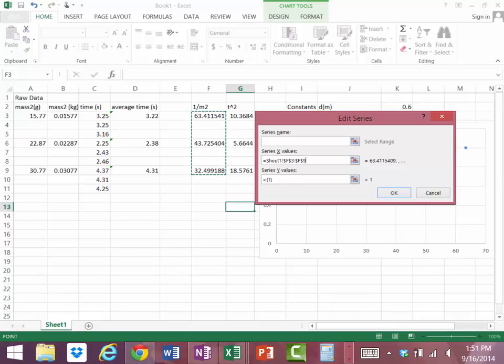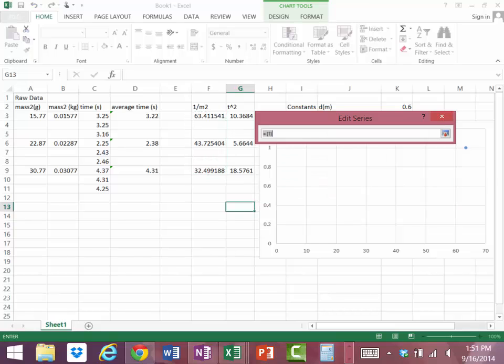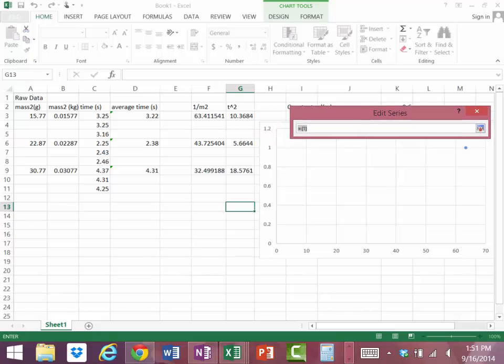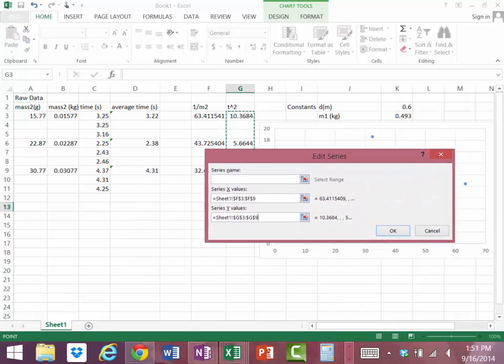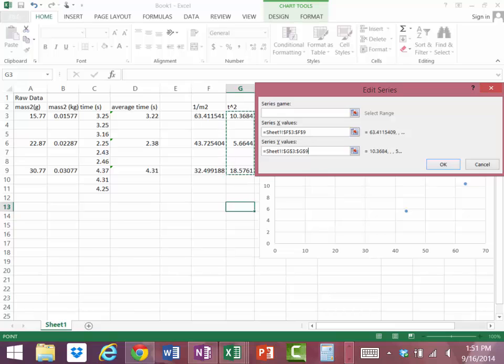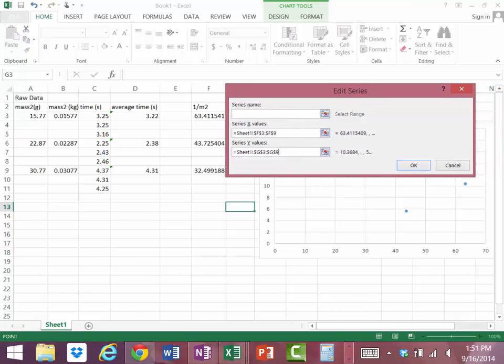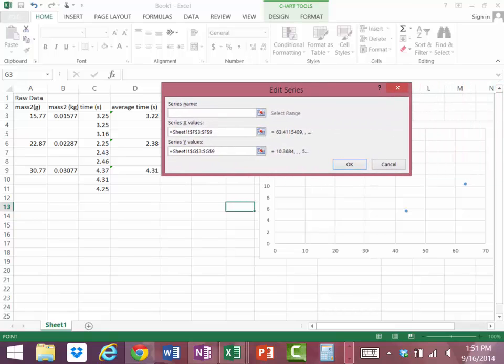I'm going to do the same thing with the Y values, except I'm going to select the T squareds. Whoa, those are bad. And then click OK.